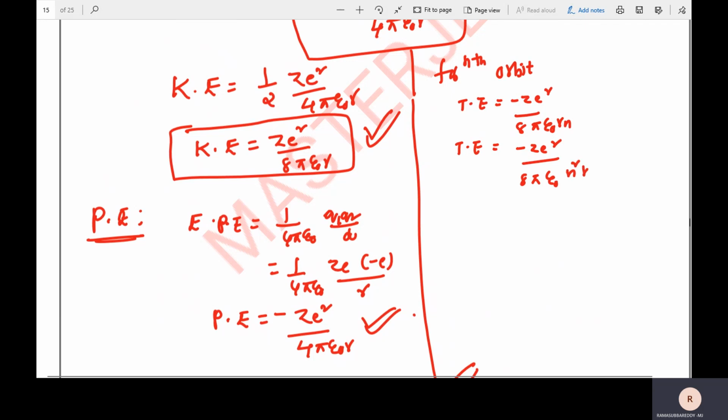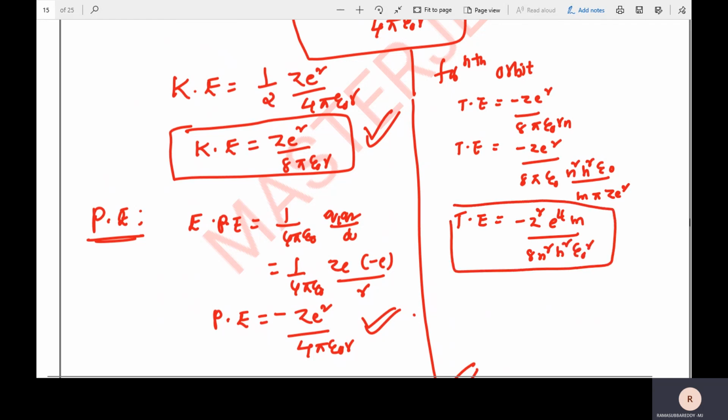The rn value we know: n square h square epsilon naught by pi m Ze square. Then finally, after calculation, total energy is equal to minus Z square e to the power of 4 m by 8 n square h square epsilon naught square. This is our total energy.